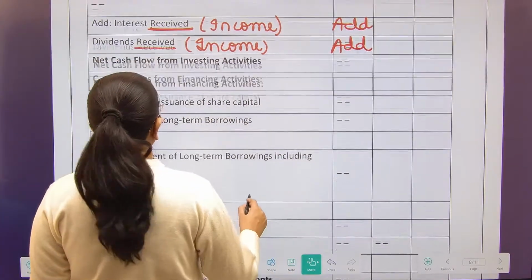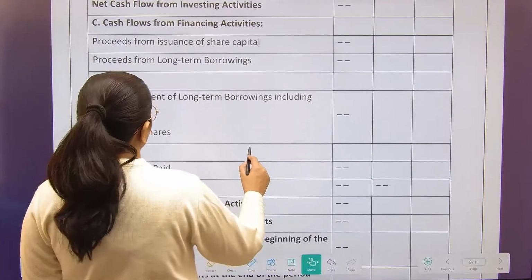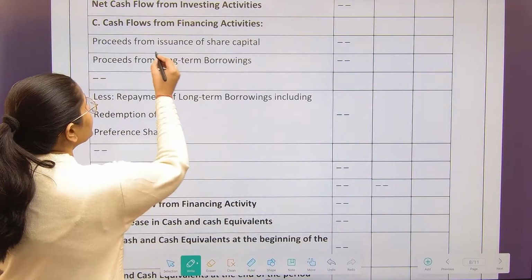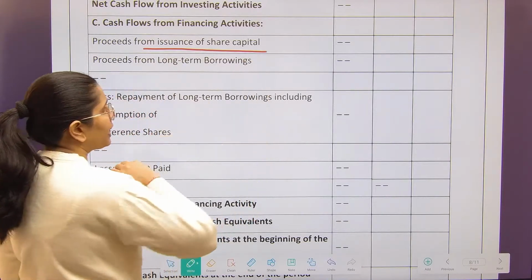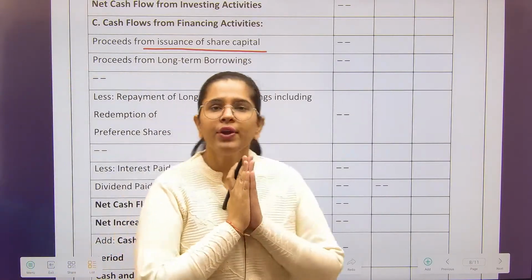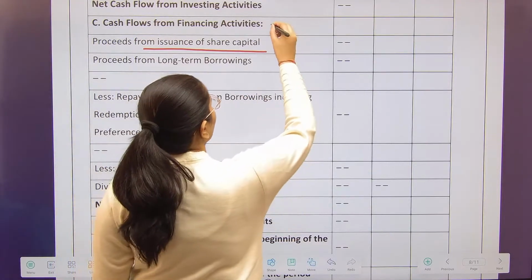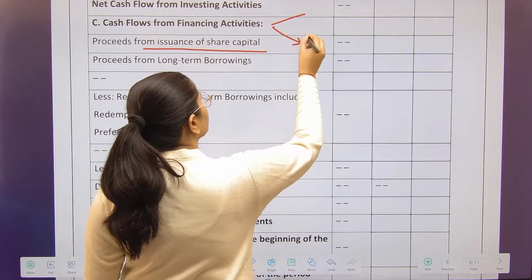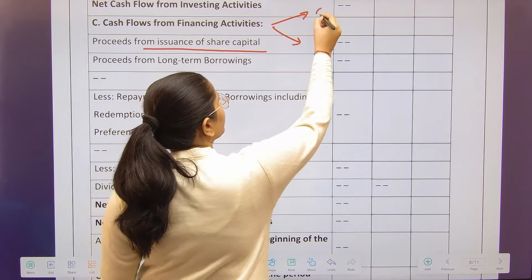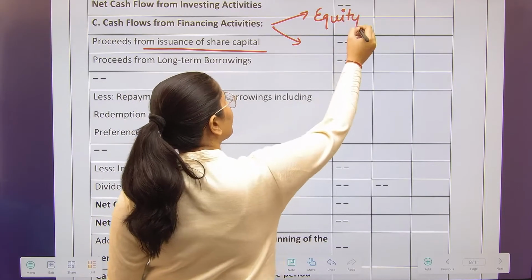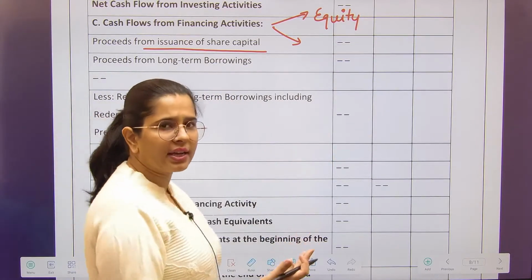Now moving on to financing activities. See, proceeds from issuance of share capital. What we do in finance is we want to have finance for our business. So it will be either in the form of equity, preference or any other kind of thing.